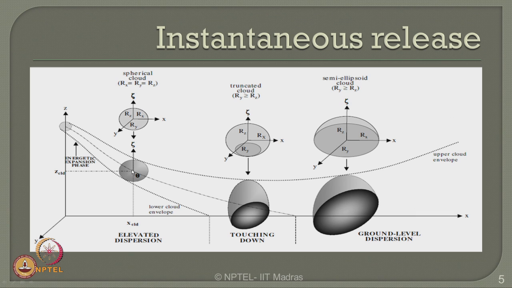As the puff touches the ground at the touching down point, the momentum is conserved and it becomes a truncated cloud, a semi ellipsoid, until it rises further to form an upper cloud envelope. Friends, please understand, this darker area is the cloud coverage for the puff model on the ground, and this becomes the dispersion in the atmospheric pollution for a puff release model.